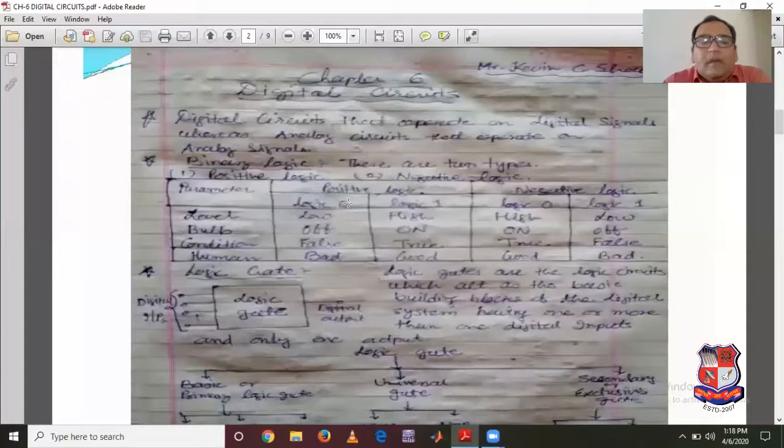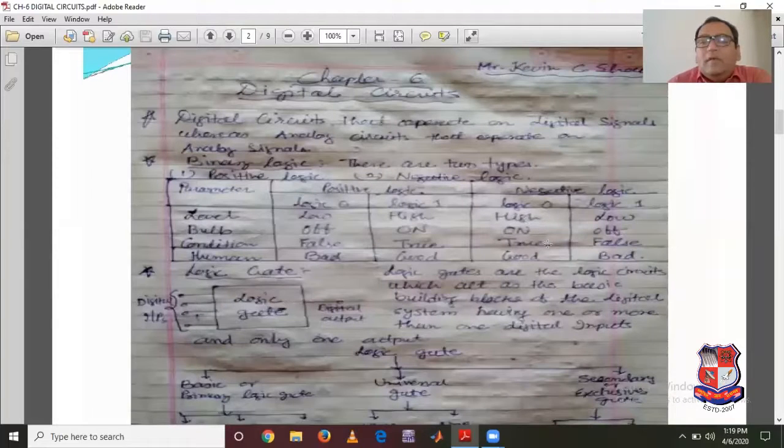Now listen clearly. Comparing positive logic and negative logic in digital circuits, digital circuits work based on positive logic only, because in positive logic we observe that if the level is low, it is logic 0, but in negative logic it is high. So this is not preferable. Even if we are not getting any output voltage, then your bulb must be off.